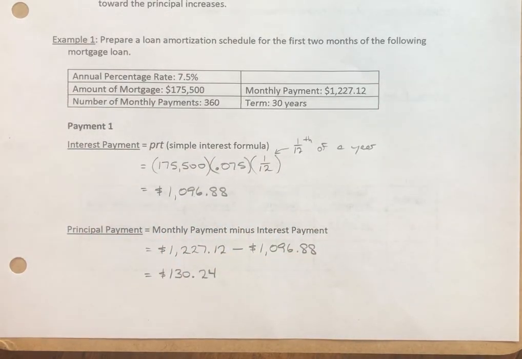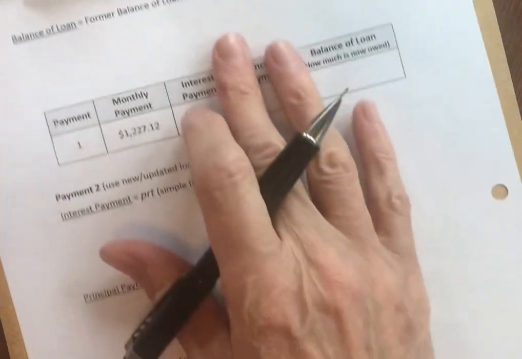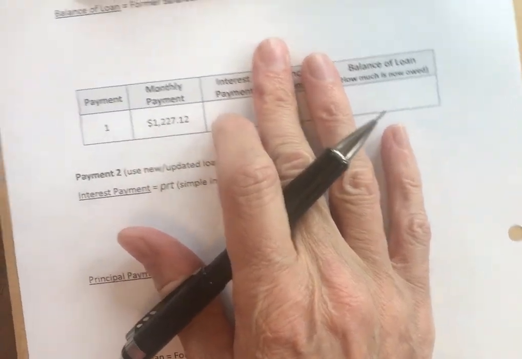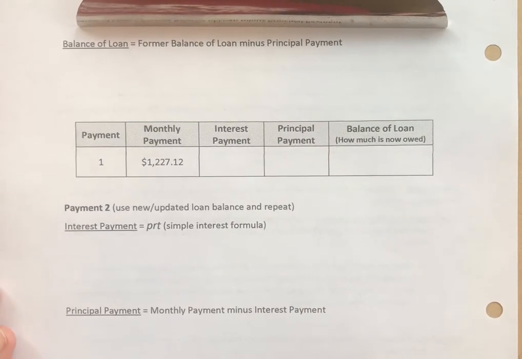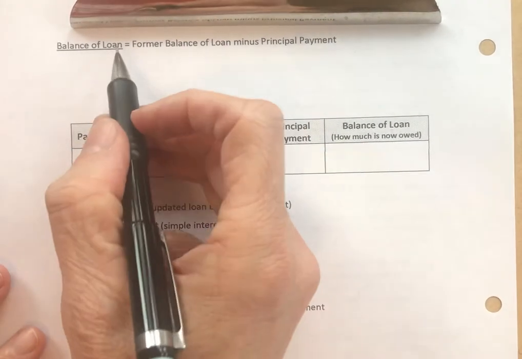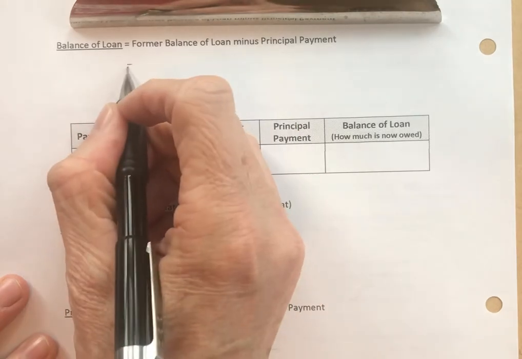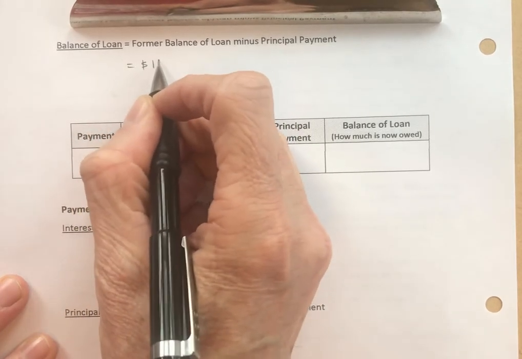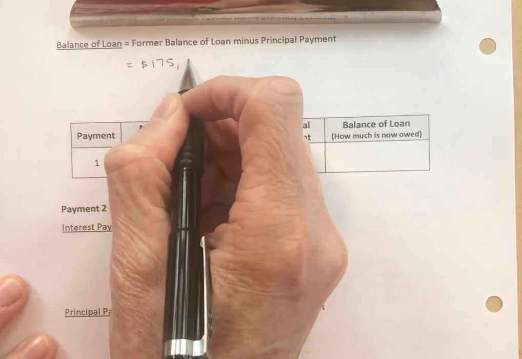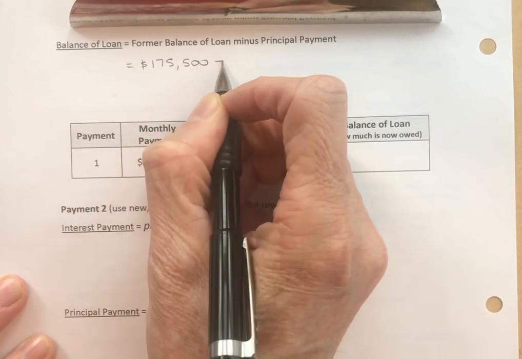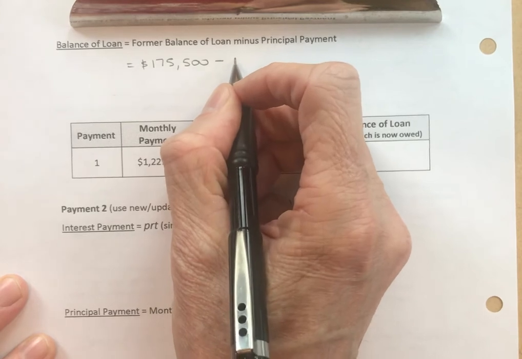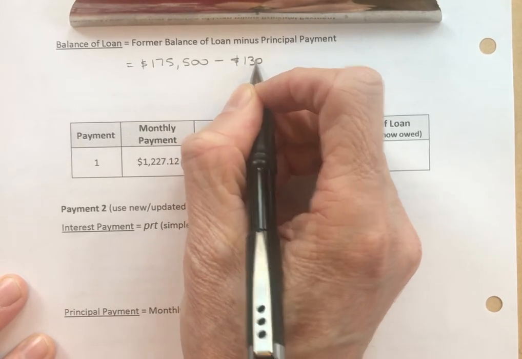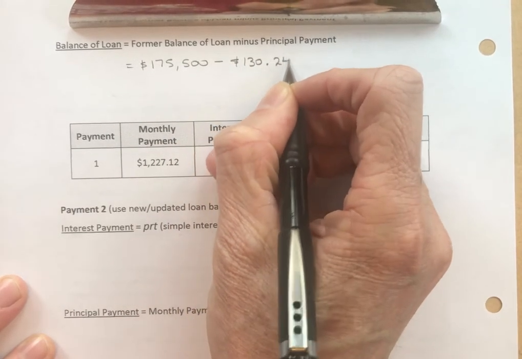Let's continue. What is the new balance for the second payment? What is the new balance once you make the first payment? It's the former balance. Our former balance was $175,500, minus the amount that went to principal, which was $130.24.